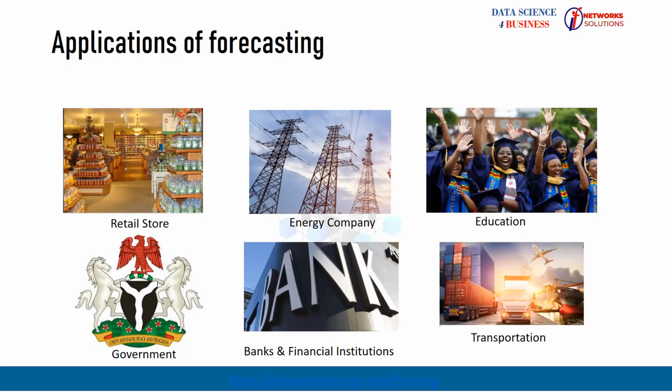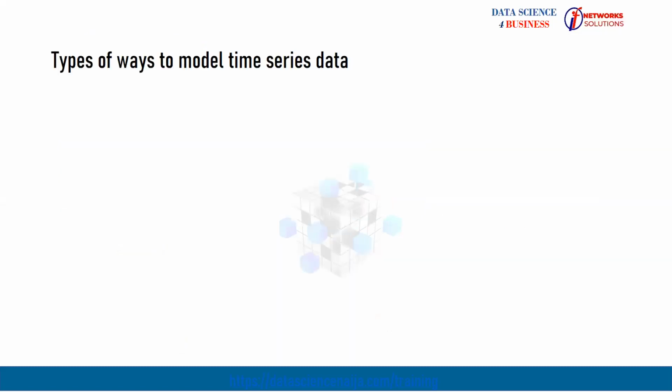Transportation companies can forecast future travel. Those are the various applications and so much more. Even a venture capital firm can use it to forecast the market potential and to evaluate their business plan. So there are so many applications of forecasting in the business sector or in any other sector.